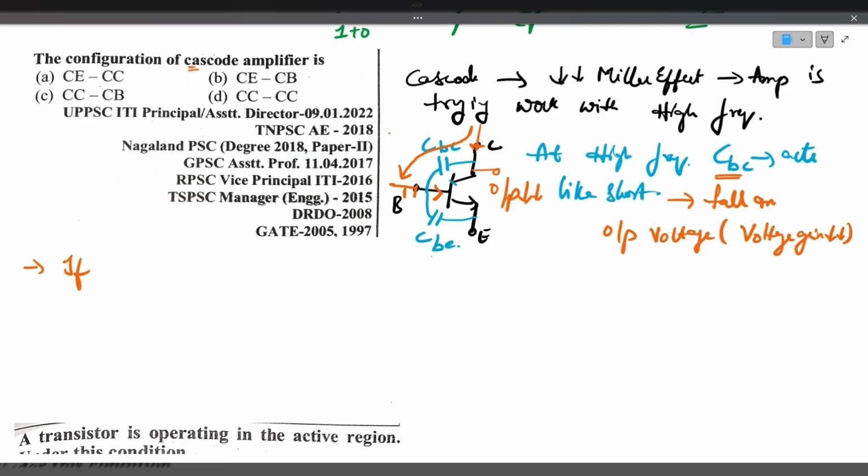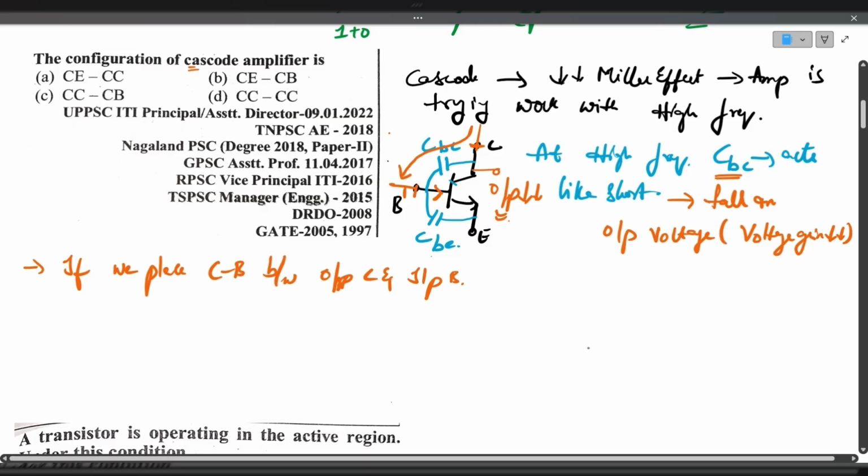If you place a device between output and input, instead of leaving it directly like that, then the problem will be resolved. So we are placing a CB, common base circuit, between the output collector and the input base of this CE transistor. So the input stage will be CE and the output stage is CB.